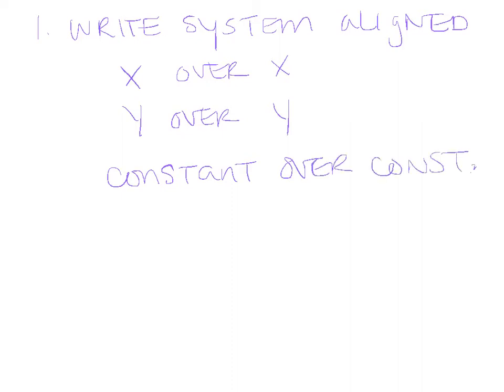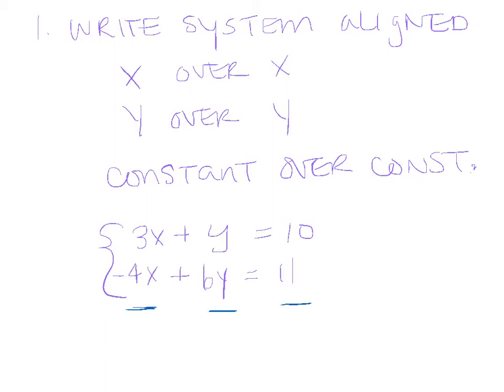I'm going to abbreviate that because I'm running out of room. So standard form is essentially what you're looking for. This is a different way of saying standard form. So 3x plus y equals 10, and -4x plus 6y is 11. X's over x's, y's over y's, and constants over constants. So step 1, make sure your system is lined up.